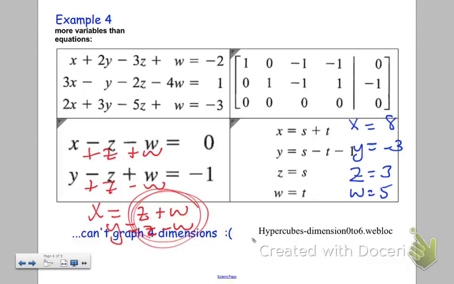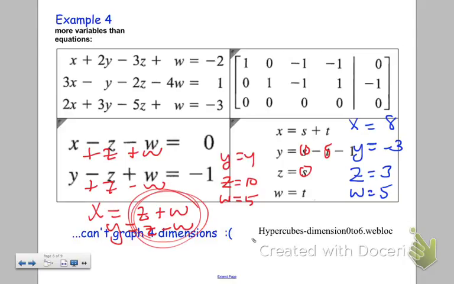I could pick another example. W and z can be anything they want. It doesn't matter. I could have w be 5 again. Z could be 10. So then y has to be whatever z is, which is 10, minus whatever w is, 5, minus 1, which is 4.